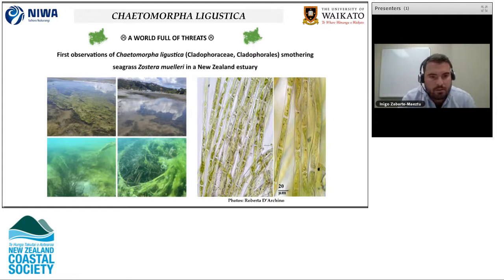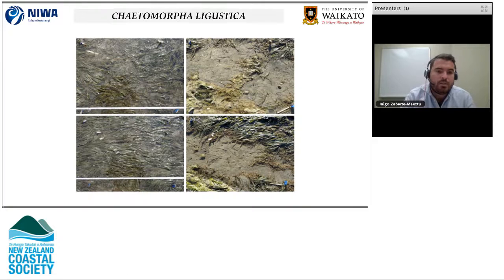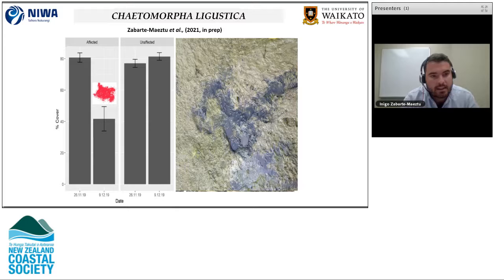And we realized that it was Chaetomorpha ligustica, and we reported for the first time the effect of this algae on seagrasses. So what you can see there is the effect of it before seagrass being exposed to it and after, and it's quite impressive and not good for seagrass.